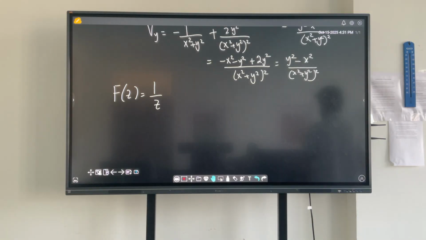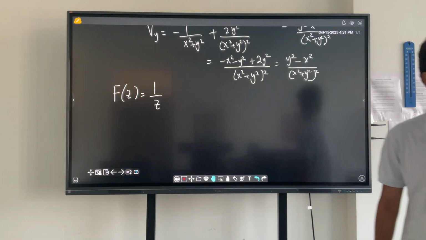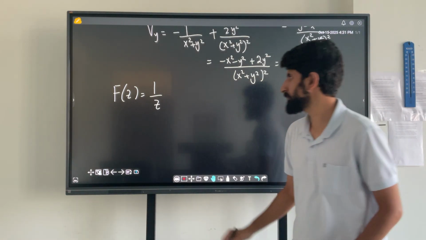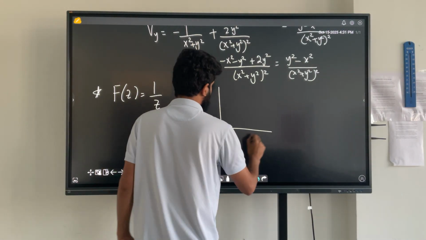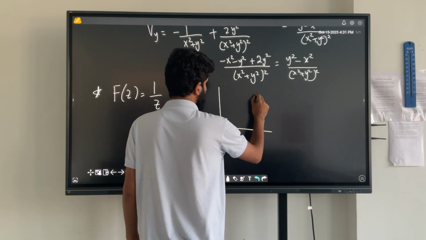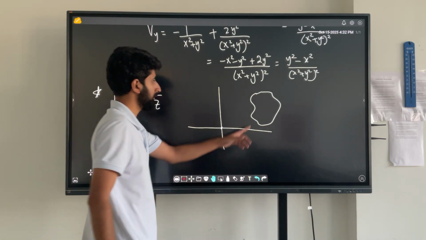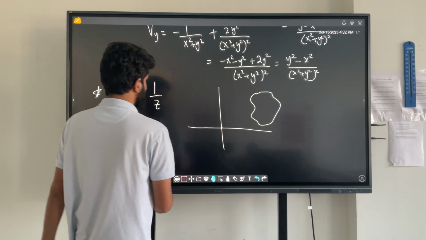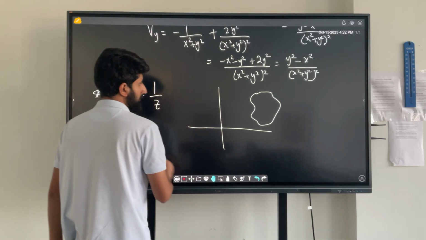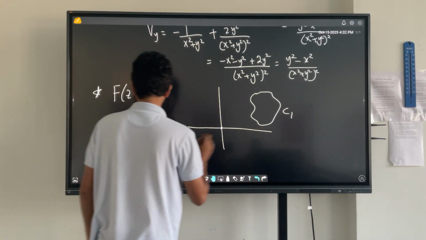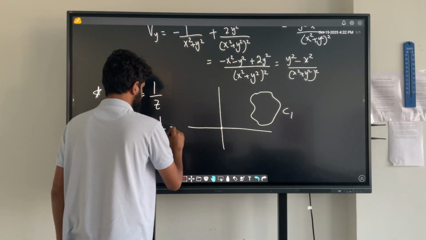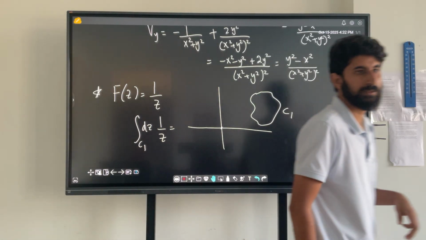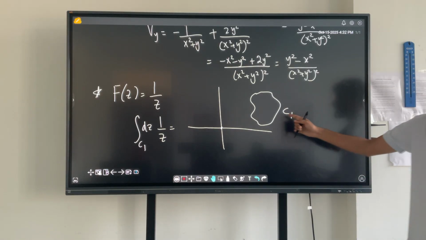So now what are we planning to do? Integrate this function over a loop. Let's first integrate this function over a loop which does not contain 0. So some loop here. Let's say this is C1, the loop 1. What do I get for the integral over C1 of dz by z?